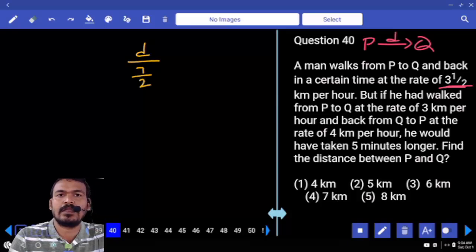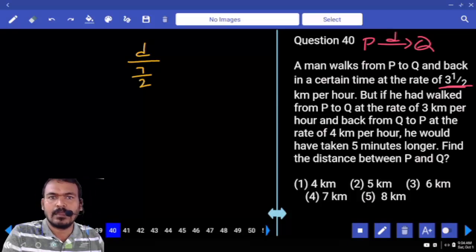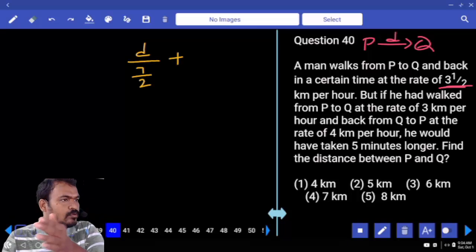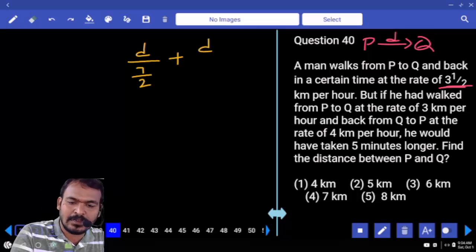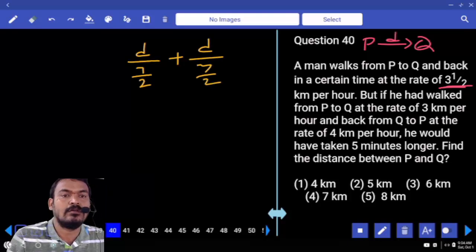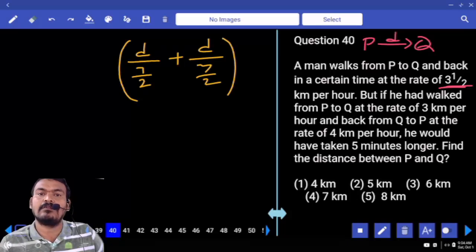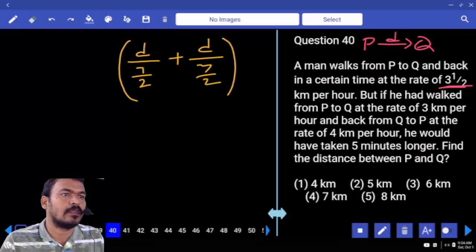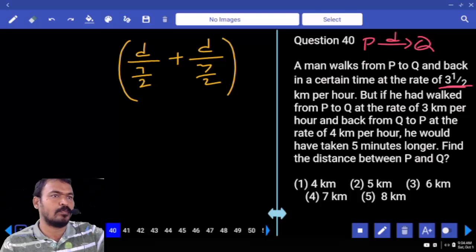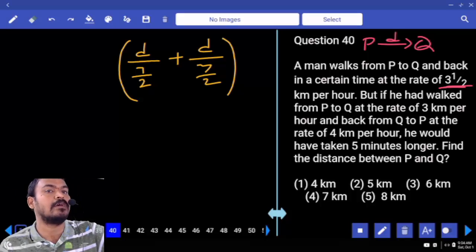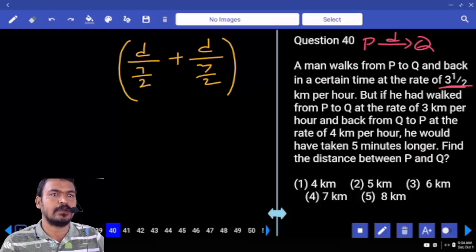Distance by speed we get the time in P to Q, plus again Q to P distance is how much? d kilometers, speed value 7/2. These two added, we get the time in the first case, or not? Yes or no? P to Q and Q to P, equal distances, equal speed or different speed? Equal speed. It is the first case.